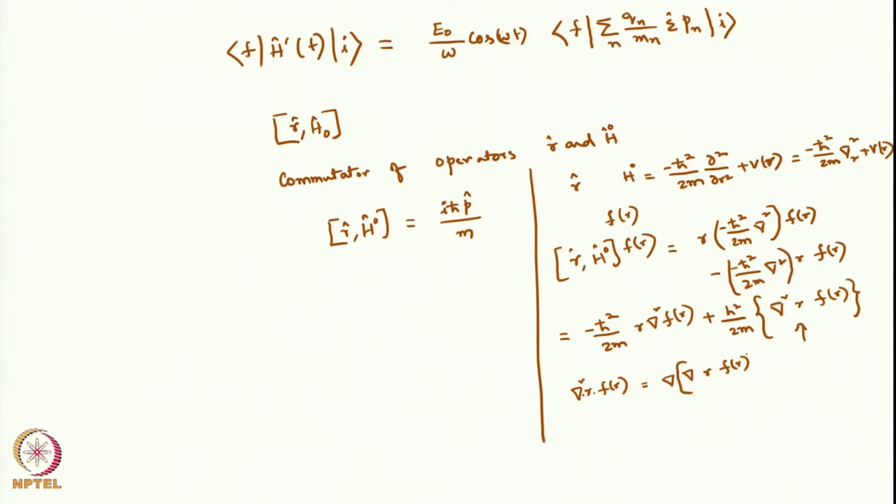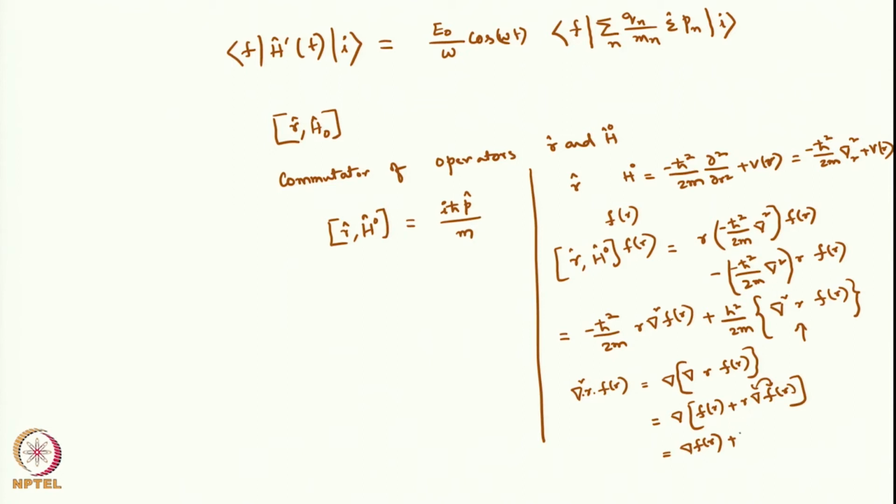So, one can first evaluate this. This is nothing but del times, and del is nothing but d by dr. So, you have a differential of a product of functions. First it acts on R, so it will give you 1, so you will get f of R. Now, second, this will act on del f of R, so what you will get is plus R times del f of R. Now, the second del acts on it, so you will get del f of R, plus now you have again a product of two functions, and del of R is 1.